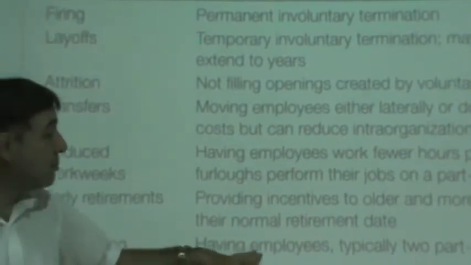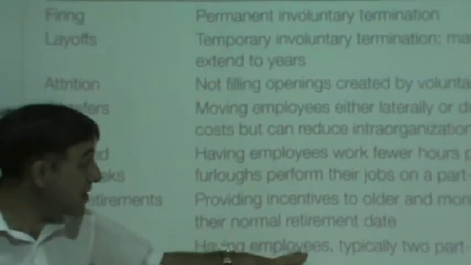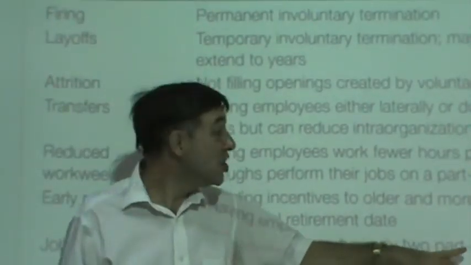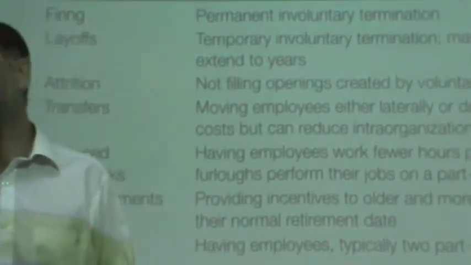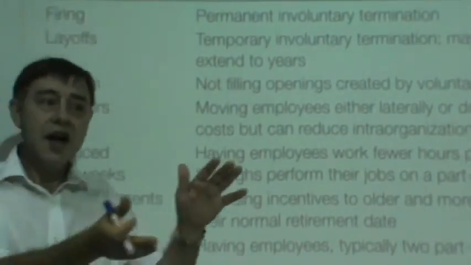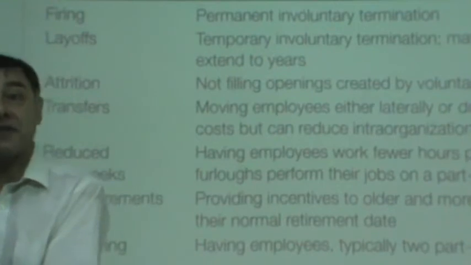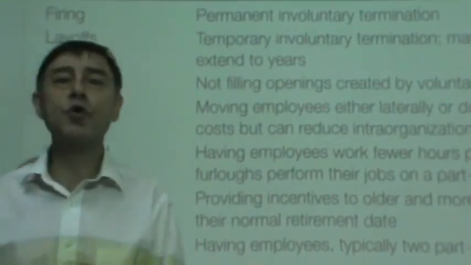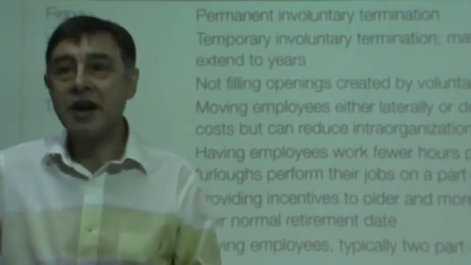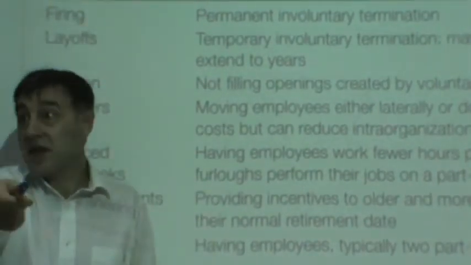And that's having employees, typically 2 part-timers, share 1 full-time position. That's also common. So you work half-time, and they take full-time, okay? An example would be, let's say, a cash register at Big C, okay?